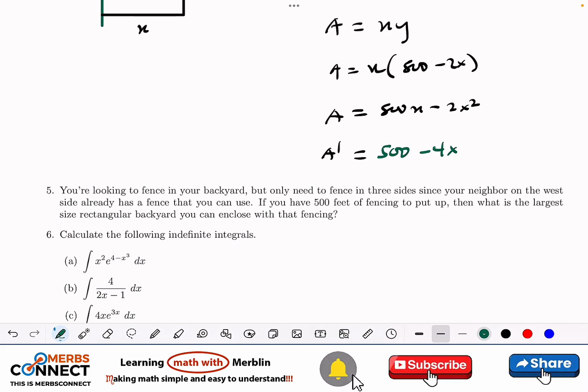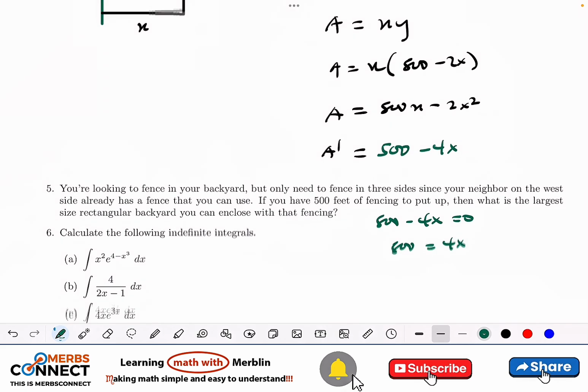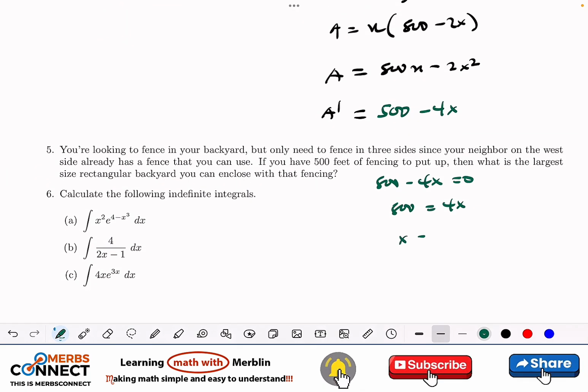Let's find x by equating it to 0. So 500 minus 4x is equal to 0. 500 is equal to 4x. Then what will be x? So we are dividing 500 by 4, and basically what are we going to get? 2 goes into 500 by 250, and we want to divide 250 by 2.